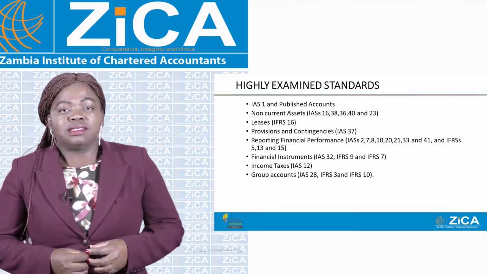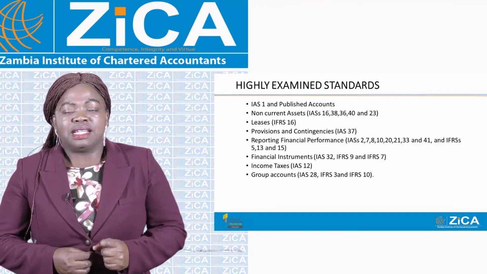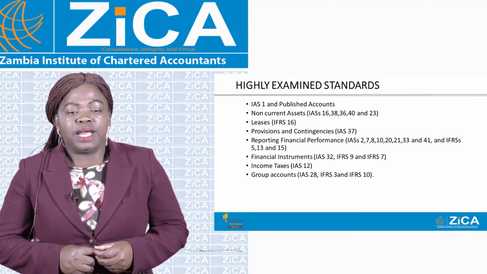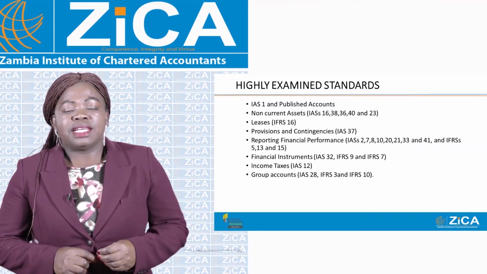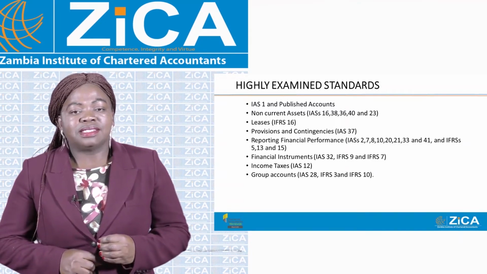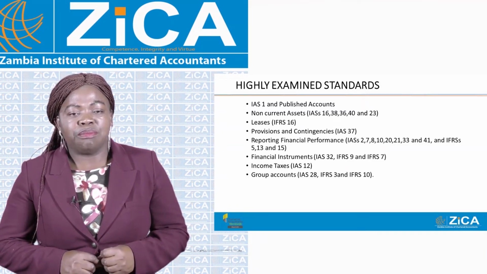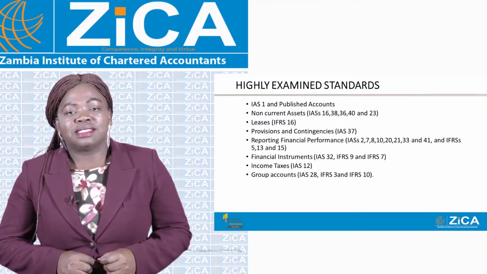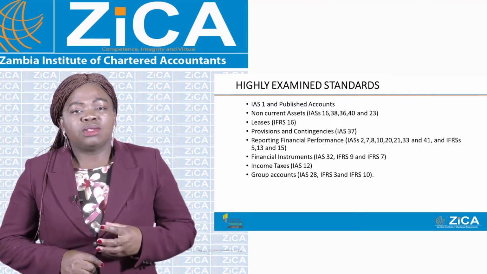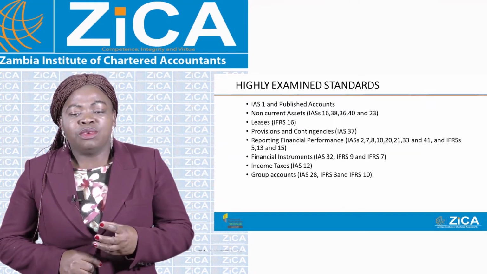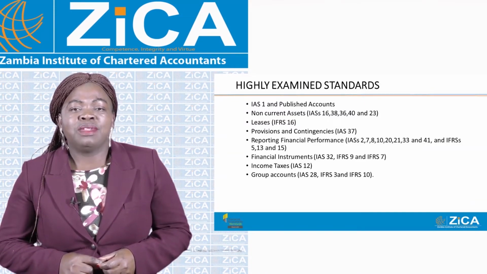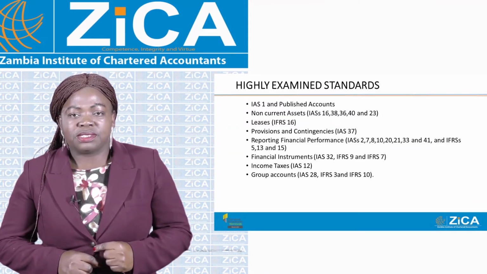The next thing is the highly examined standards that you need to be aware of, which are very common in this particular exam. Those related to non-current assets: IAS 16, property, plant and equipment; IAS 38, intangible assets; IAS 36, impairment of assets. You cannot afford to go to this exam without a clear understanding of these standards. IAS 23, borrowing costs.